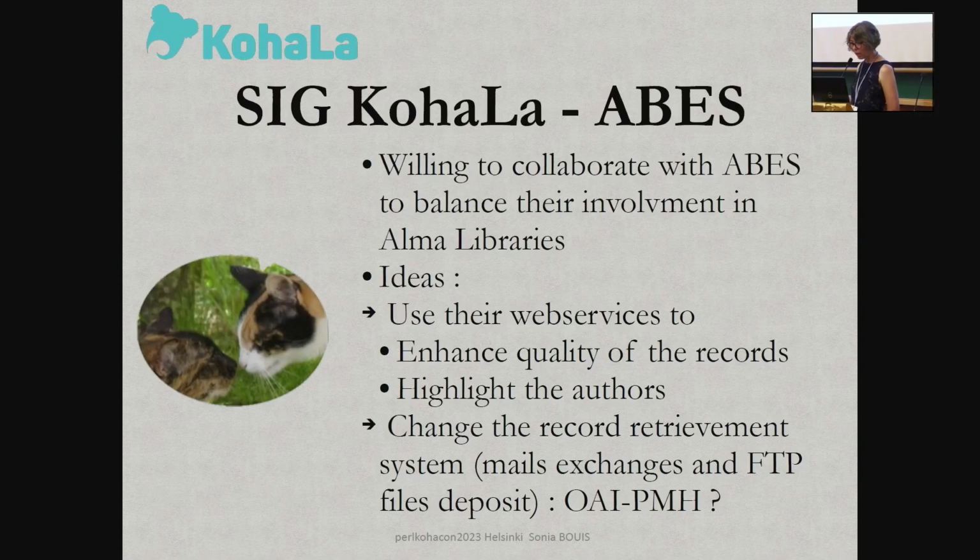It can check if there are good links or other things. So we asked to create a plugin that can use these APIs to check if the records in the catalog are well cataloged.